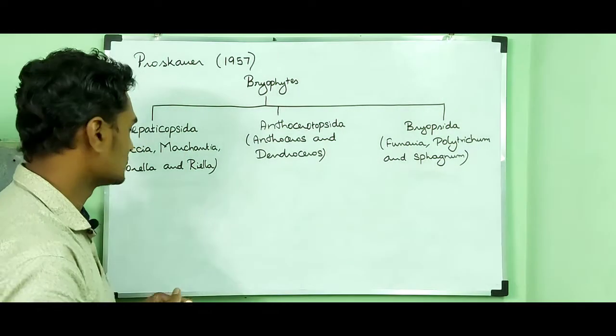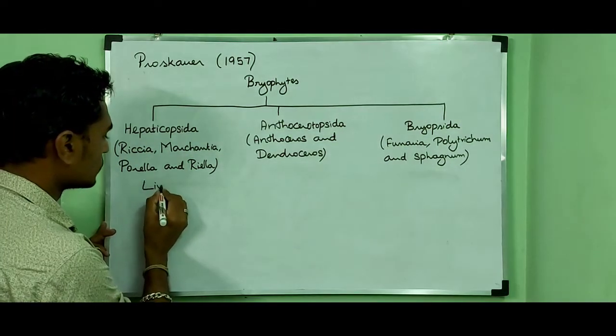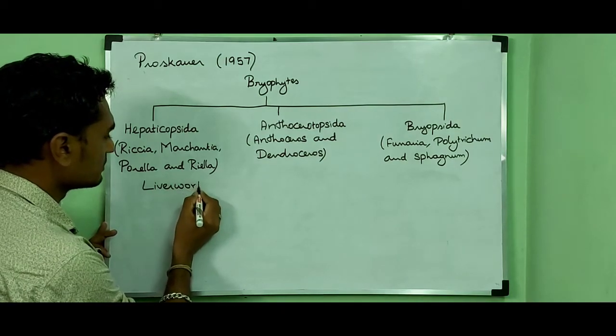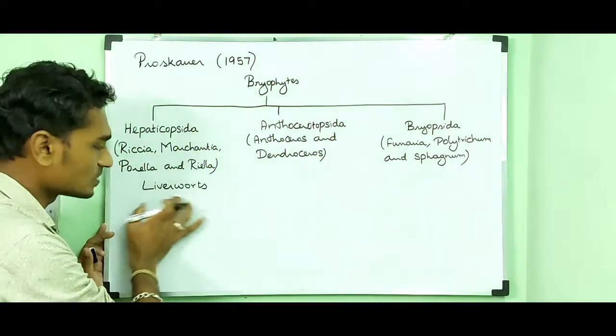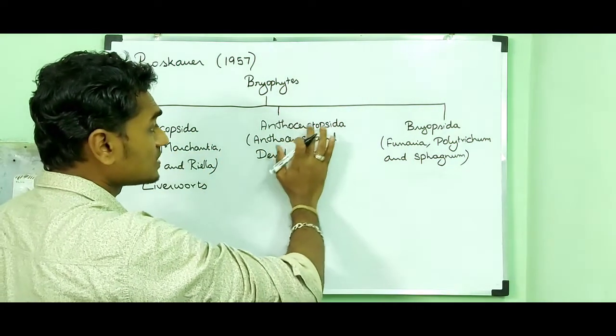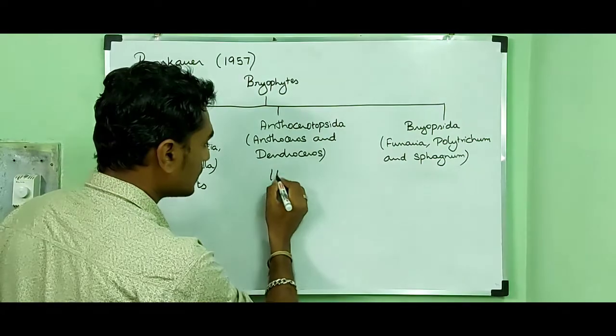Hepaticopsida is otherwise called liverworts. Hepati means liver. Anthocerotopsida is otherwise called hornworts.